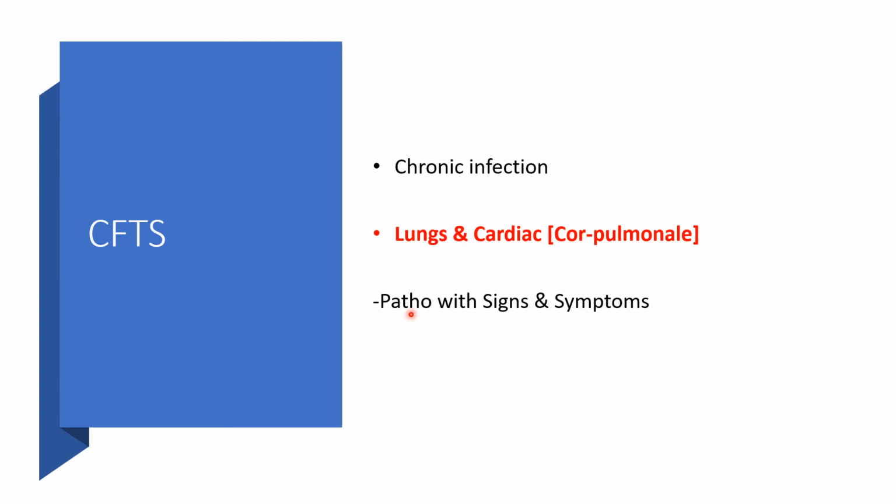The eggs will then be lodged in the arterioles of the pulmonary system. Here, granulomatous formation will occur, leading to arteritis. Then, we'll be faced with pulmonary hypertension. When there's pulmonary hypertension, then the right heart will fail, giving us cor pulmonale. The heart will become enlarged, and then the pulmonary arteries will become dilated. This is a big problem because it is killing. Why? It is irreversible.